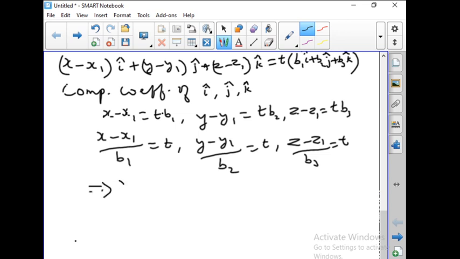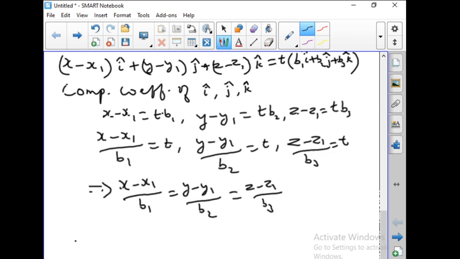Therefore, we have x minus x1 by b1 is equal to y minus y1 by b2 is equal to z minus z1 by b3 is equal to t. And this is the Cartesian form of a straight line passing through a point and parallel to a given vector.